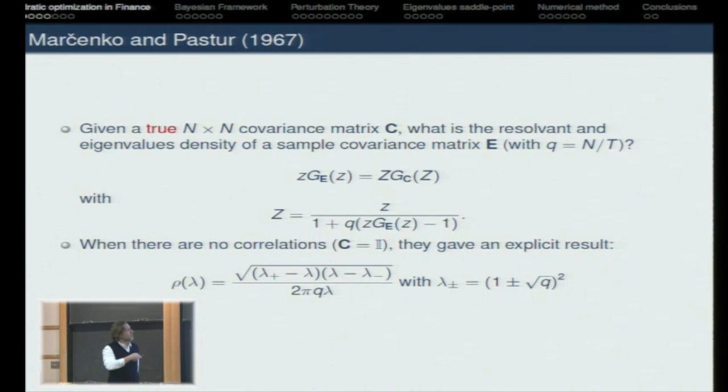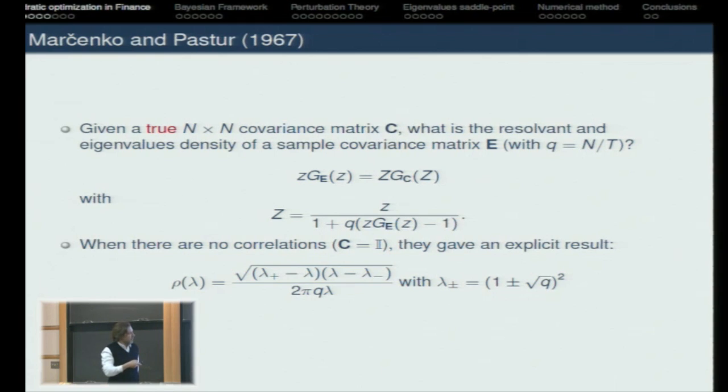What is the asymptotic eigenvalue distribution in the limit of N and T going to infinity with q fixed? It's given by this equation, which says the resolvent of the true matrix is related to the resolvent of the E, for empirical, the sample covariance matrix, by this implicit transformation.